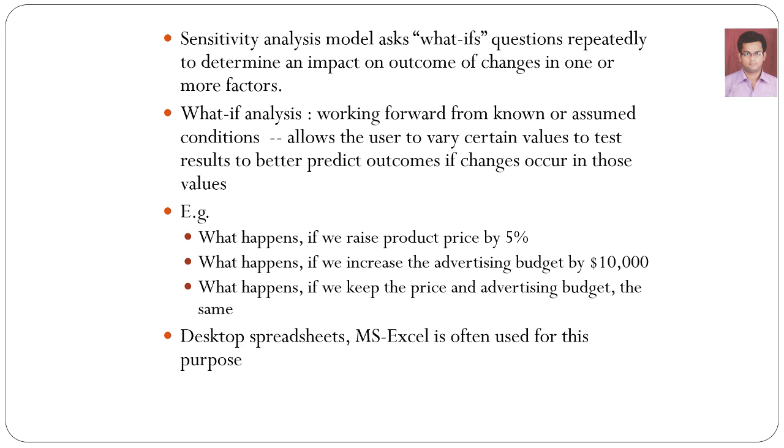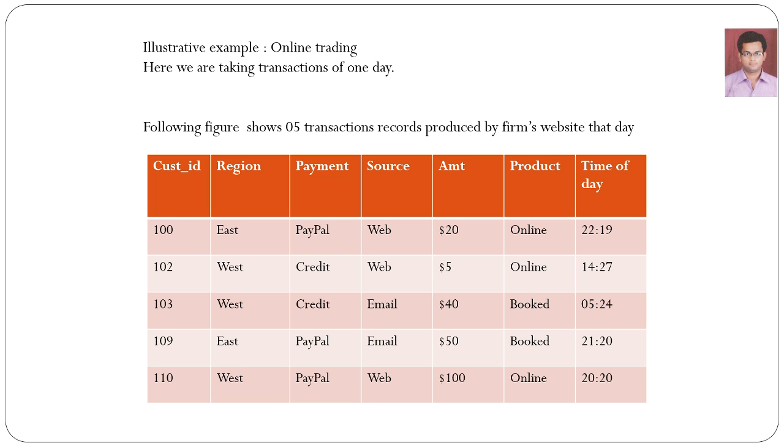Examples: what happens if we raise the product price by 5%? What happens if we increase the advertising budget by 10,000? What happens if we keep the price and advertising budget the same? Desktop spreadsheets, MS Excel, are often used for this purpose. Illustrative examples are online trading.